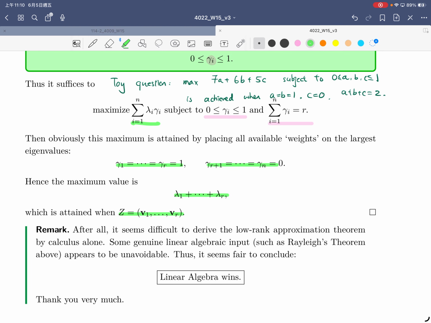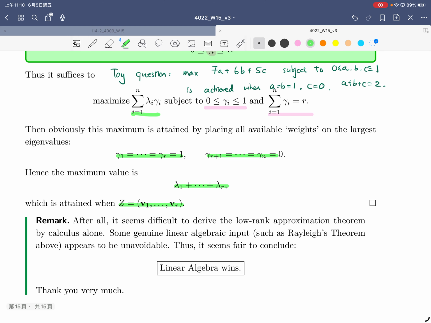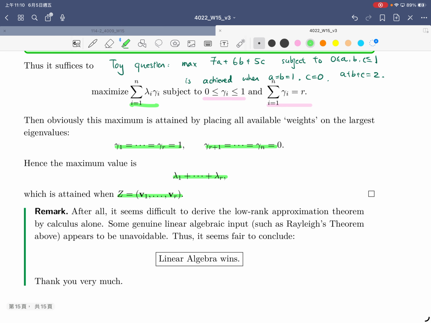And I have something very quirky to say at the end. The quirky thing is that, to my knowledge, and I spent a few weeks on it, it seems difficult to me. If you can do it with just calculus, let me know.